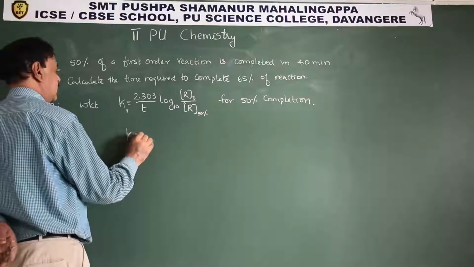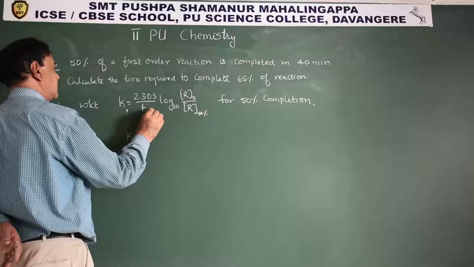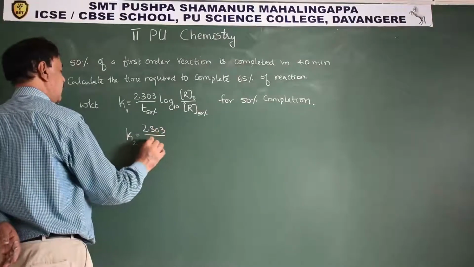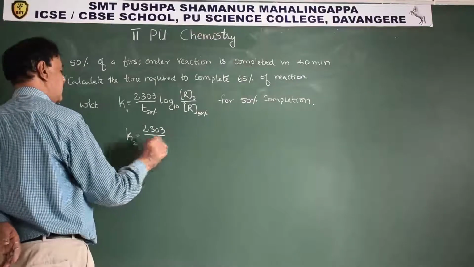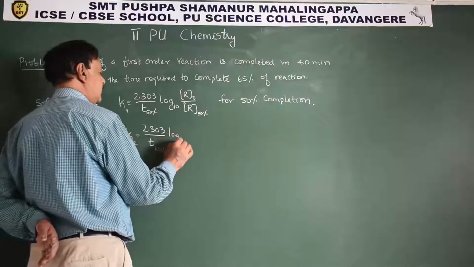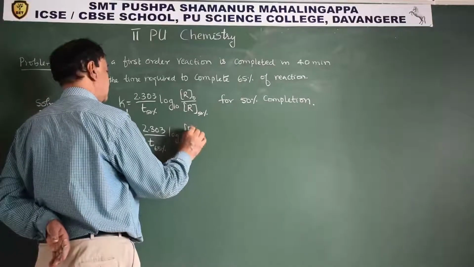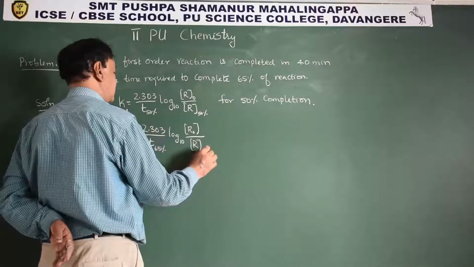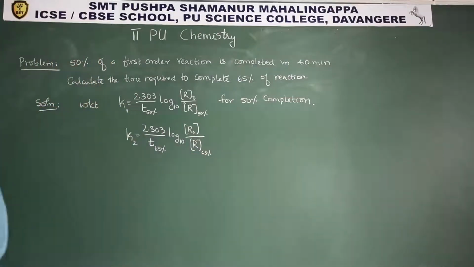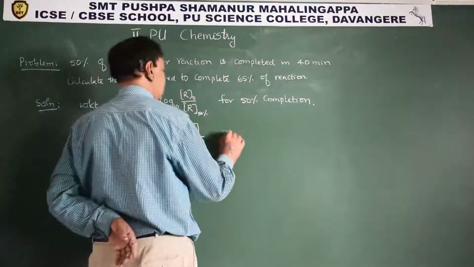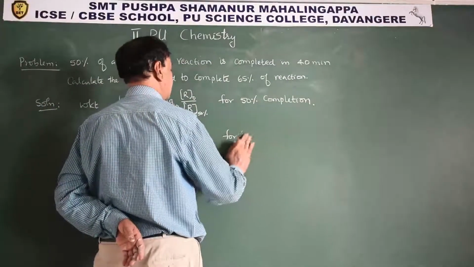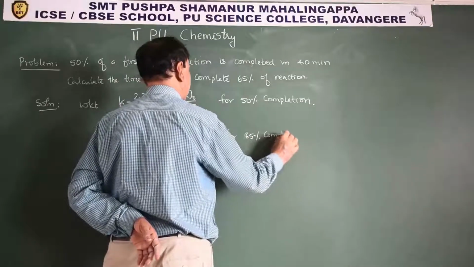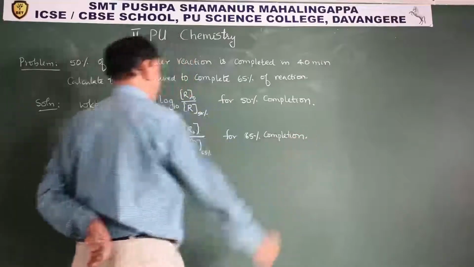And K2 is equal to 2.303 divided by T65% log base 10 of R naught divided by R65%, for 65% completion of the reaction.